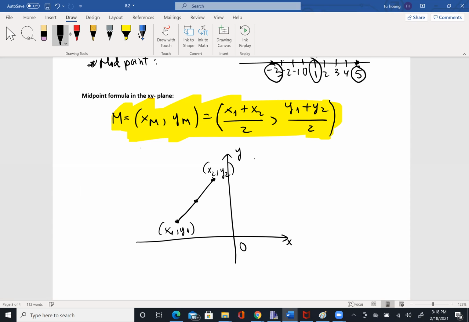And what I want to find is xm, ym. This is point m.